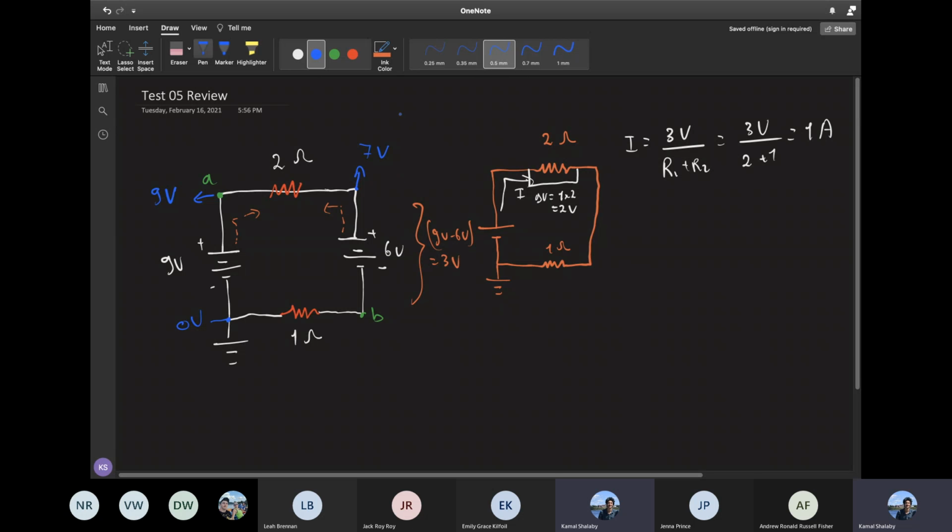Is that okay? Okay, well, if that's okay. So now we know that the potential difference around this battery is 6. What would be the potential at B then?